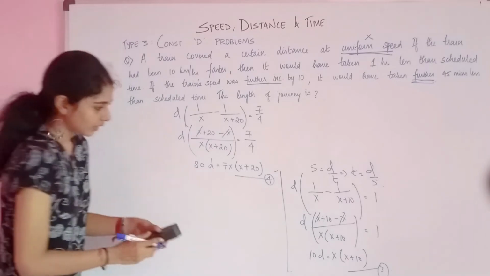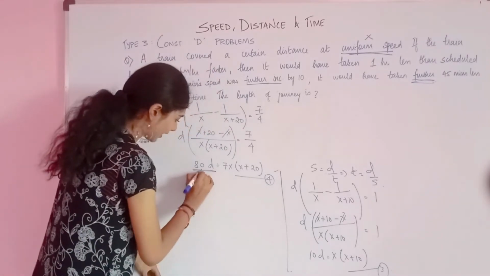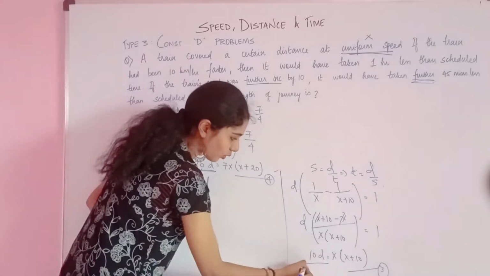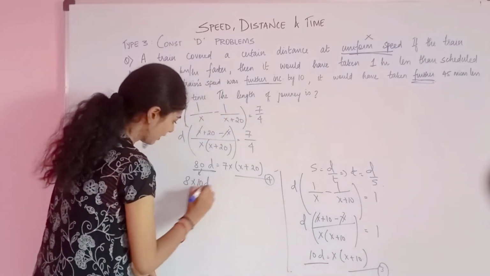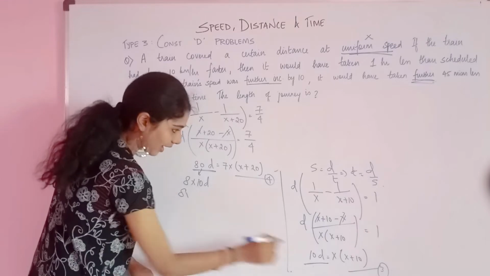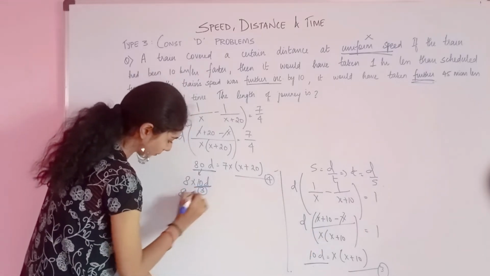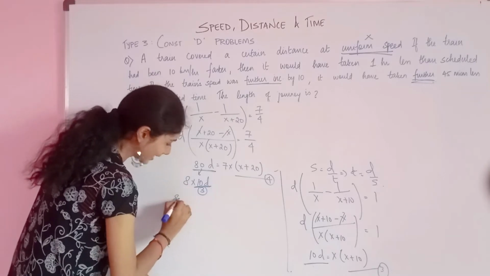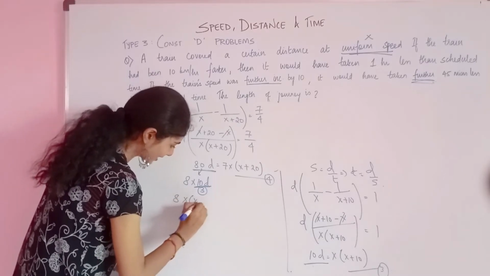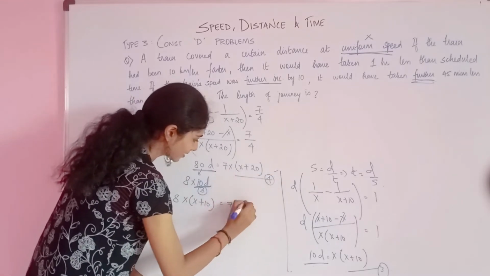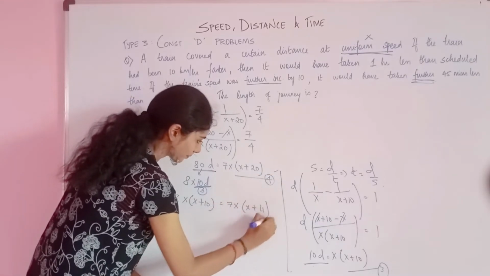Now this 80d, how can I write it as 8 into 10d? From equation 3, we know what 10d is. It is nothing but x into x plus 10. So I am replacing 8 into 10d by equation number 3, and I will get 8 into x plus 10, which is equivalent to 7 times x plus 20.